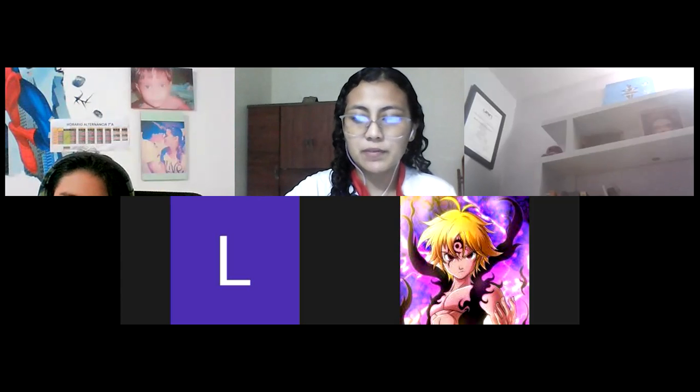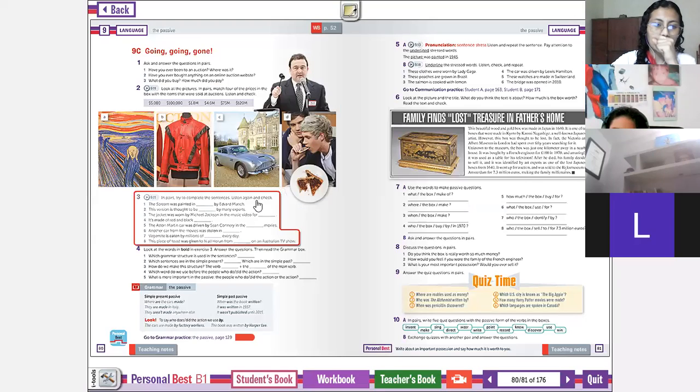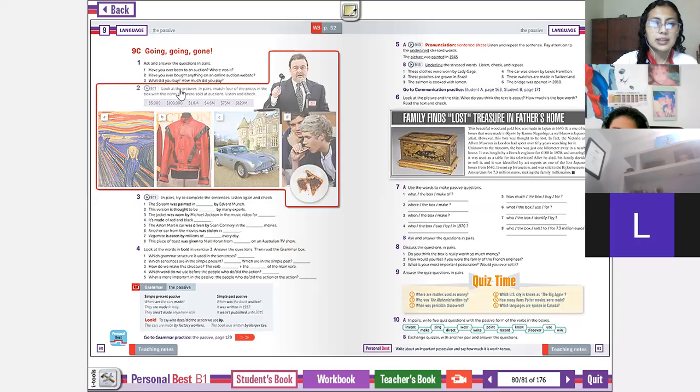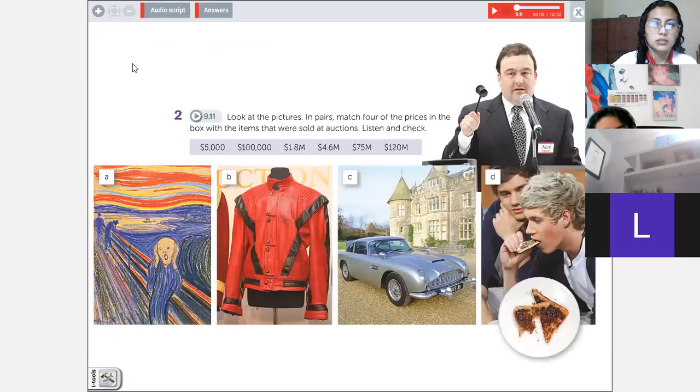So before we finish with the class, I would like that we complete this exercise. Here we are going to look at the pictures and you are going to match 4 of the prices in the box with the items that were sold at auctions.